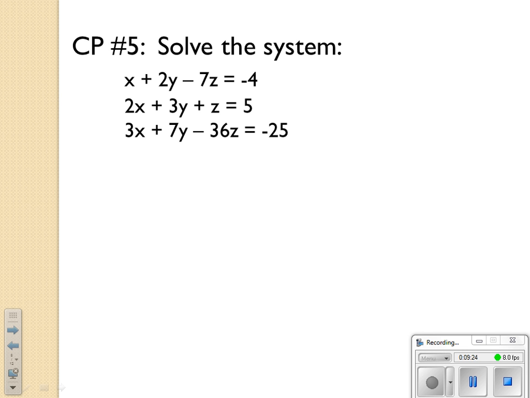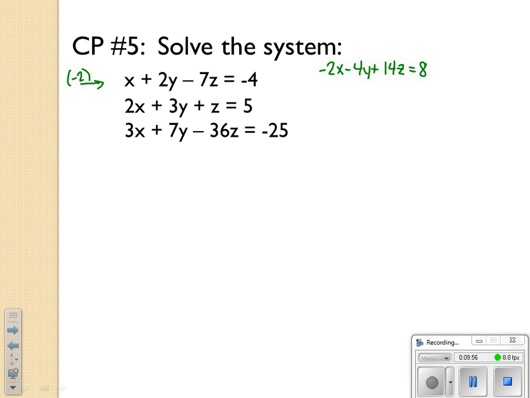So I'm going to focus on my top two equations first. I'm going to eliminate my x's. Okay, so on the top one, I'm going to multiply a negative 2 through my top line so that I create opposite x's and I can eliminate that variable. So my new top equation will be this.